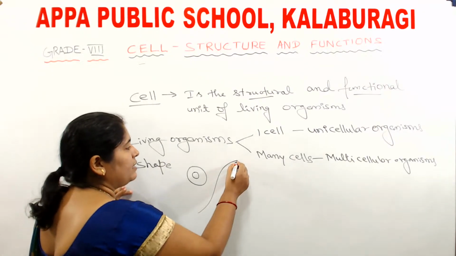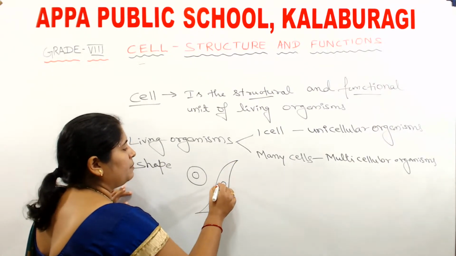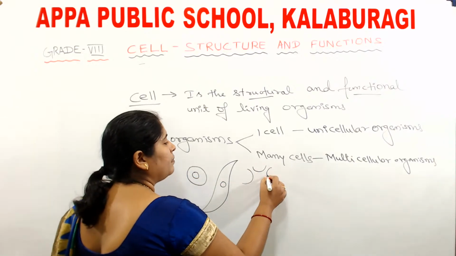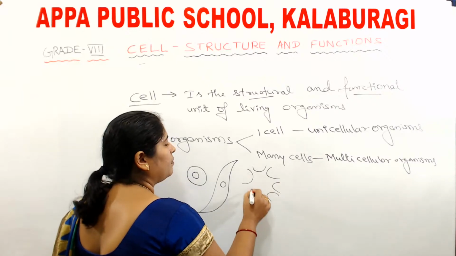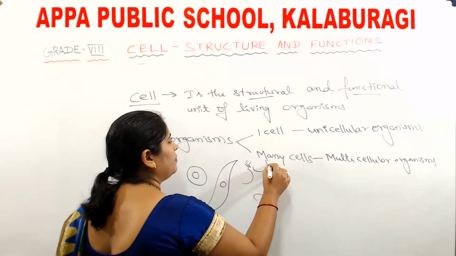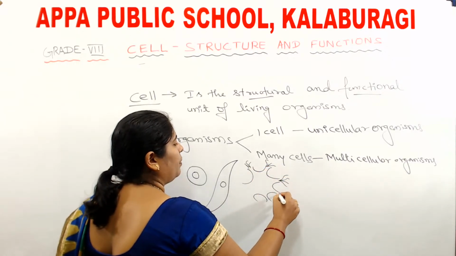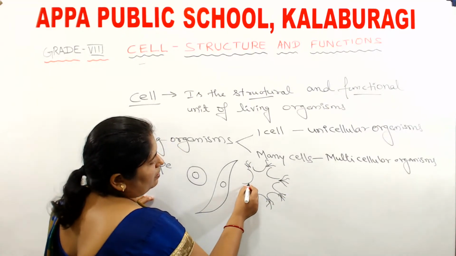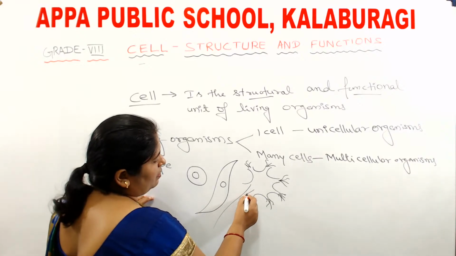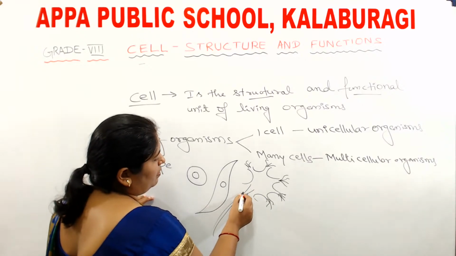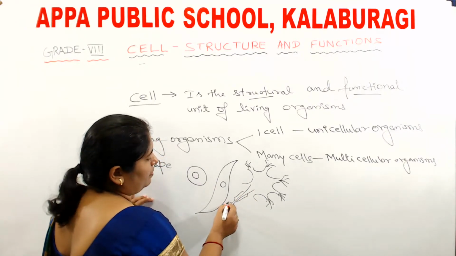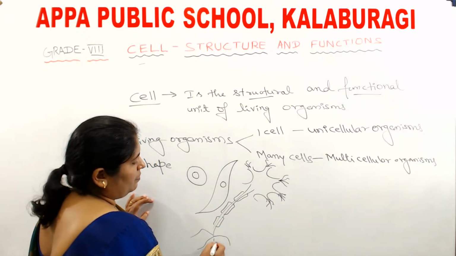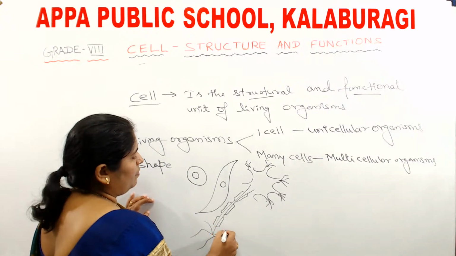This is the muscle cell, spindle shaped, right? Nerve cell, I think you know about the nerve cells. In your 7th standard also you have studied the nerve cells, right?